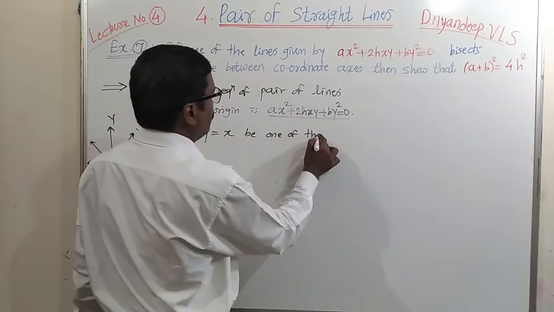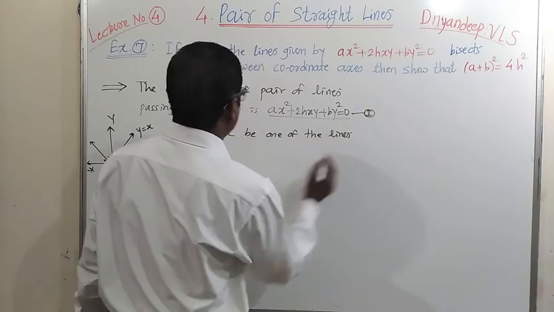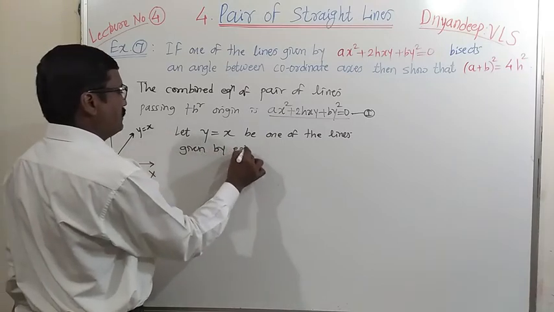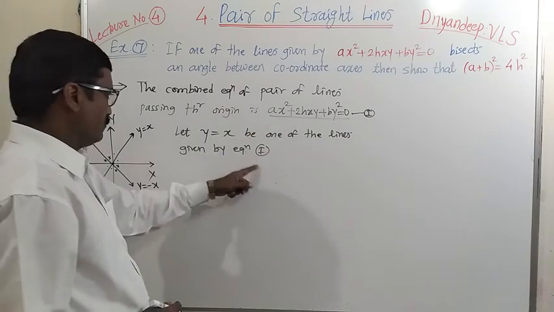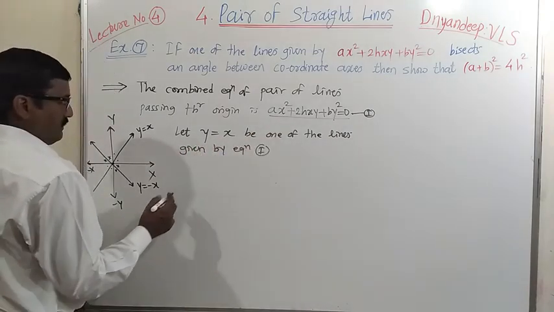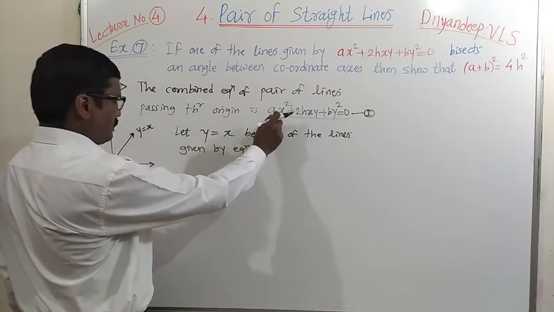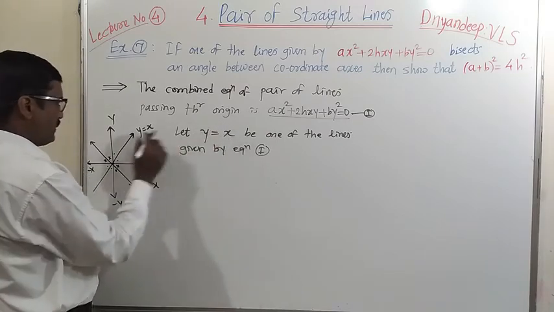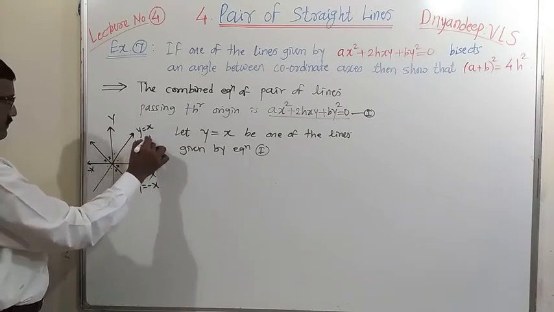one of the lines given by equation 1. In this equation there are two lines, and out of those two lines let y equal to x be one of them. Therefore you can put y equal to x in this equation, or you can use y upon x equal to 1, because the slope of this line, if y equal to x, is m equal to 1.